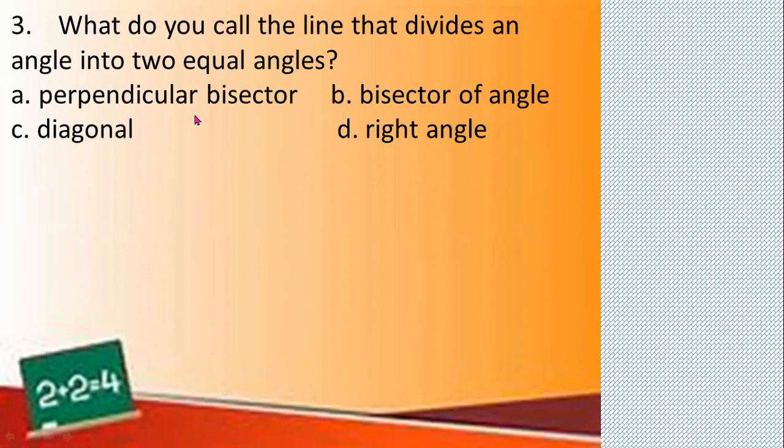All right, so it has angles, so therefore is it A, perpendicular bisector, B, bisector of angle, C, diagonal, or D, right angle? Okay, divides into 2 equal angles. So what is that one? Is that A, B, C, or D?